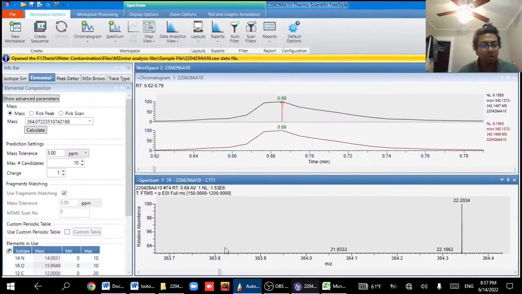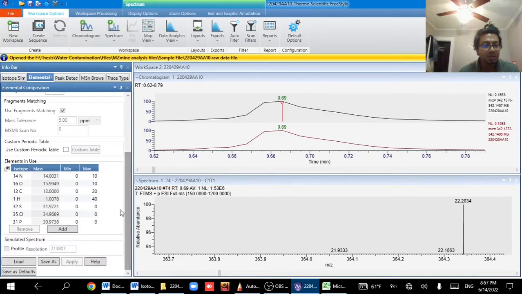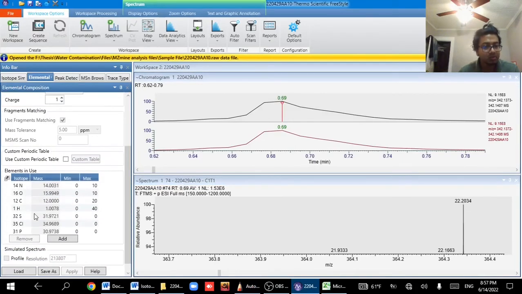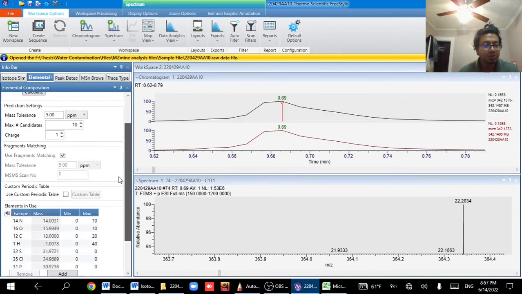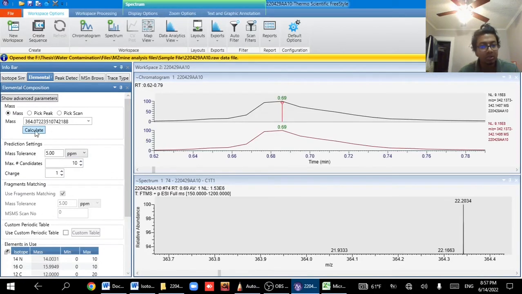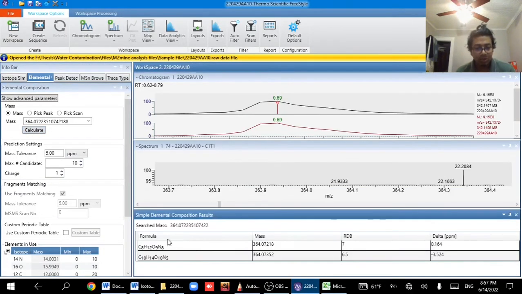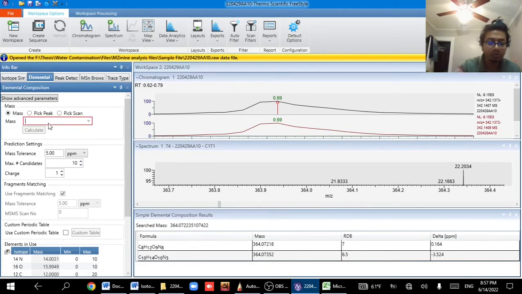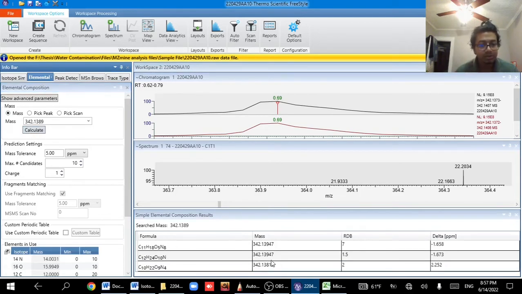To get the formula of that mass, I already calculated that. I just make sure to calculate those things, and then I find the formula. I think I missed that, it should be 340.1389. Then calculate, and I got three formulas here.